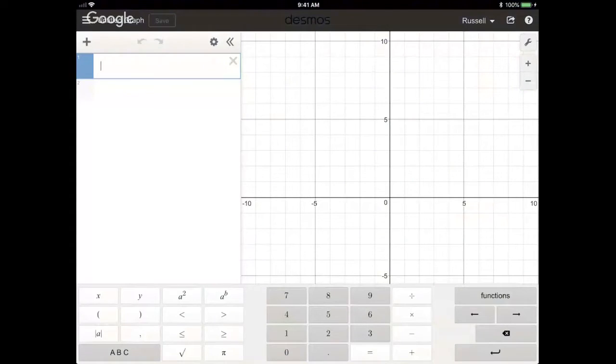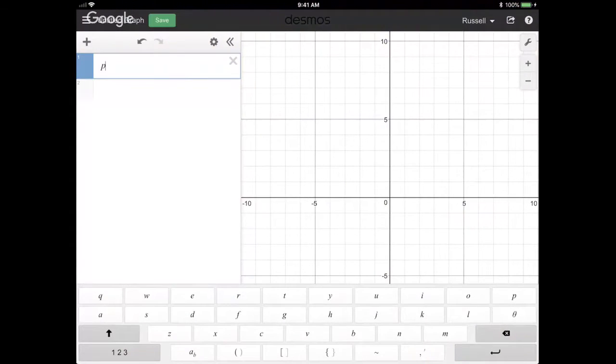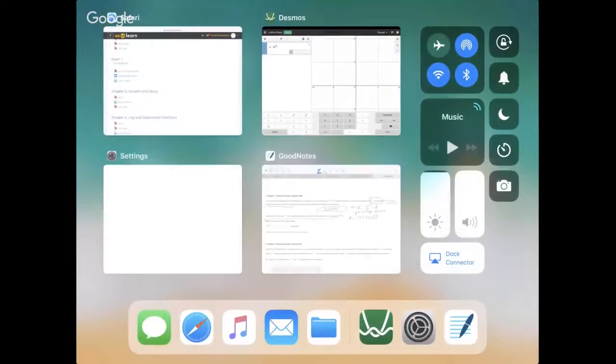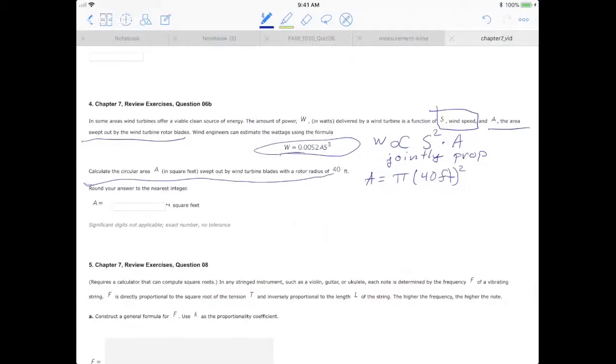That's easy. I can even type pi and do it for me. Isn't that cool? Times 40, hit the squared button there. All right, 5026.55. So to the nearest integer, that would be 5027. Yeah, there we go. Okay.